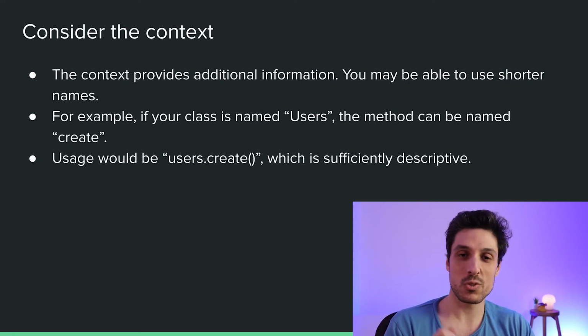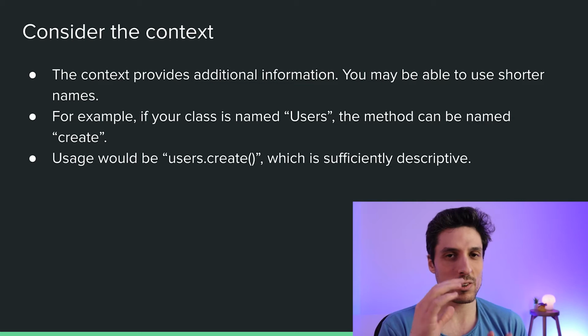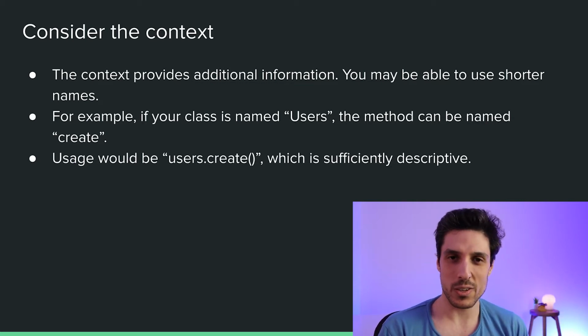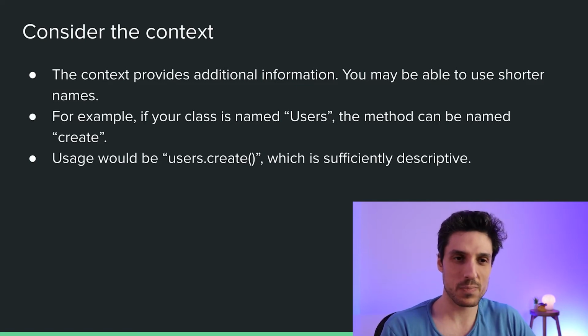Okay, the next point is to consider the context. And what this means is that sometimes the surrounding code can give you useful information for what's going on, which means that you can sometimes get away with shorter names.